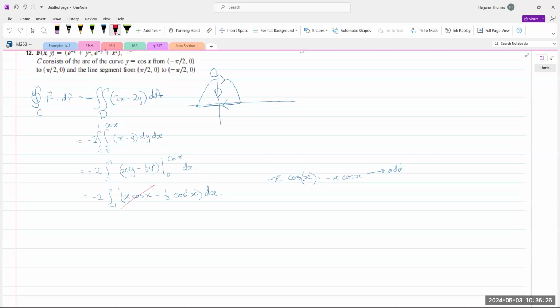Therefore, this will shoot out to 0 because the domain is symmetric, right? And we will have just simply 2 times the integral from 0 to 1 of cosine squared x dx. I'm sorry, this is negative pi over 2. Why? Who said that's 1?